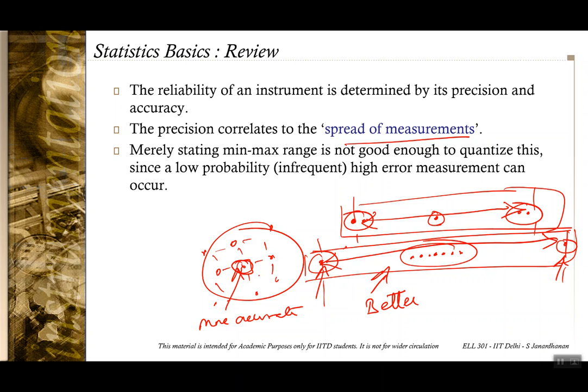Okay, so just having the average value is not giving you any idea of the precision of the instrument, and just measuring the spread, that is the maxima and minima, is not giving you enough information about the precision of the instrument, because there can be cases where a large error can occur with a very low probability. Okay, therefore we need to up our ante and go for better mathematical tools.